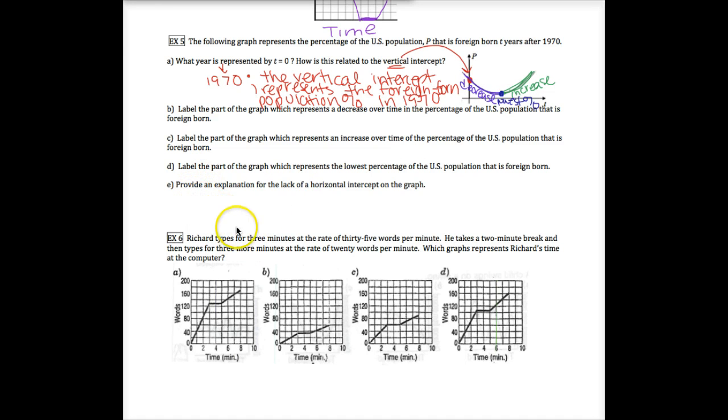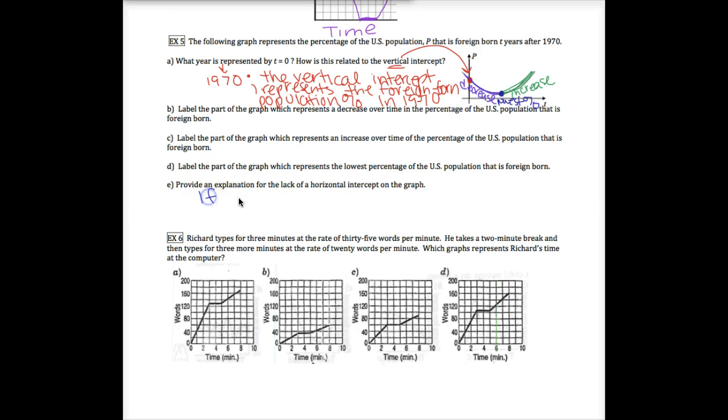Provide an explanation for the lack of horizontal intercept. So, why does my P not touch my T axis? Think about what that would mean. If it goes down and its P value is 0, that means that at a specific time, the foreign-born population would have to be 0, which is never going to happen in this country.